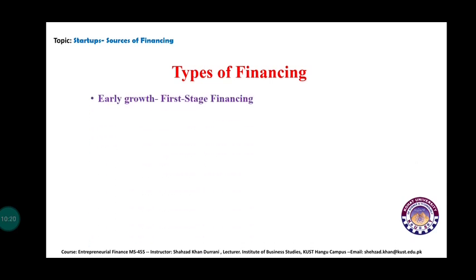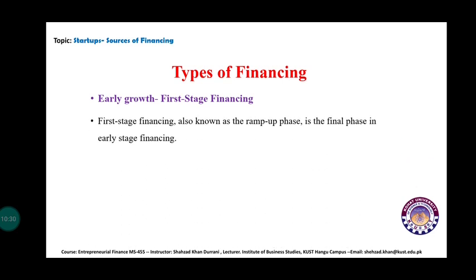The next stage that we have is the early growth, the first stage financing. Here your business is expanding, right? First stage financing, also the ramp up phase, right, is the final phase in the early stage financing. Any kind of product, as we know, passes through four stages.